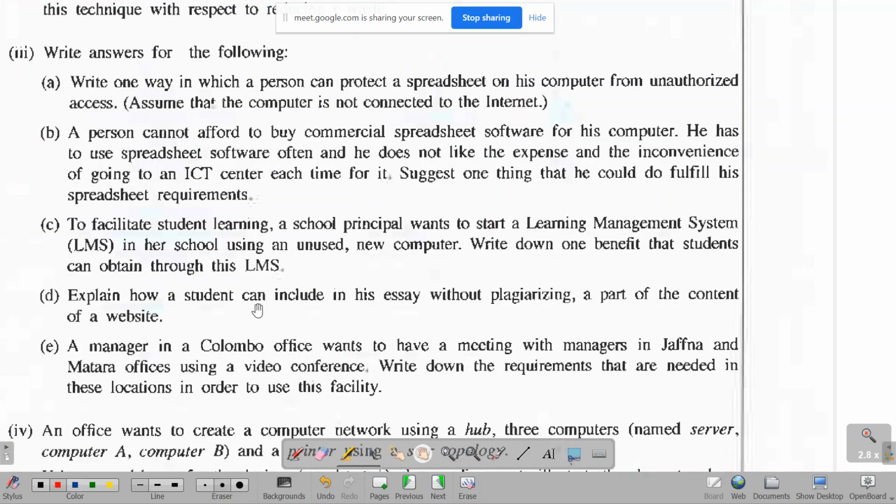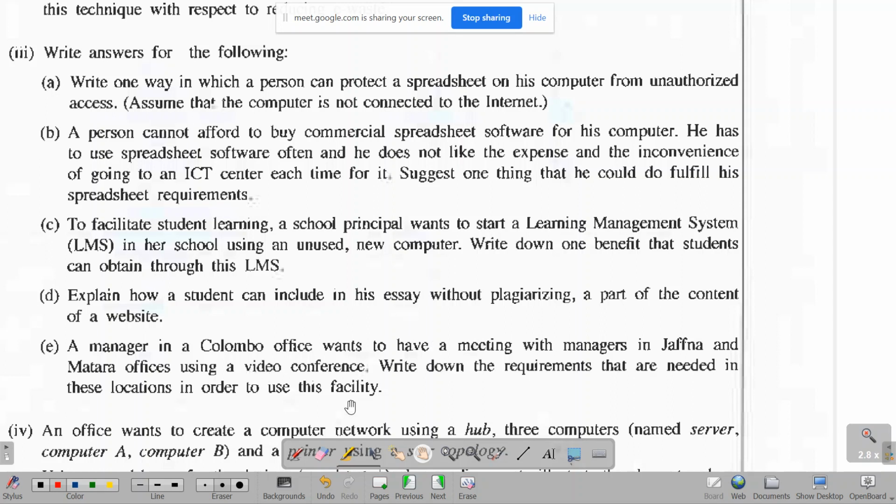And part E says a manager in a Colombo office wants to have a meeting with a manager in Jaffna office using a video conference. Write down the requirements that are proposed in these locations in order to use this facility.